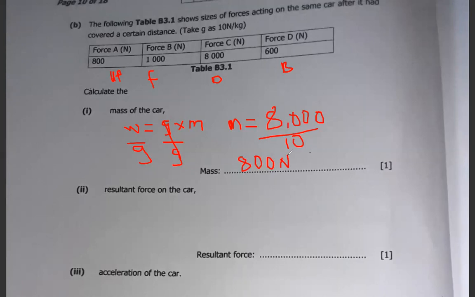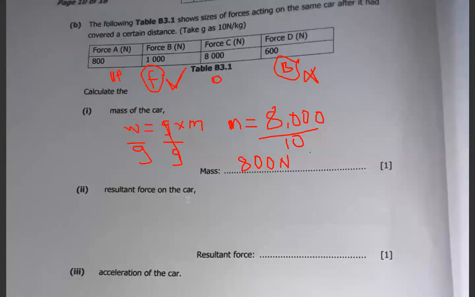To the resultant force, I was saying that when an object is moving, what causes it to come to rest? It's because of the backward force, and the force that makes it move forward is a forward force. So the resultant force will be the difference between the forward force as well as the backward force.